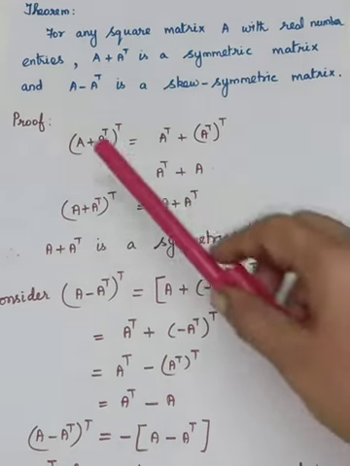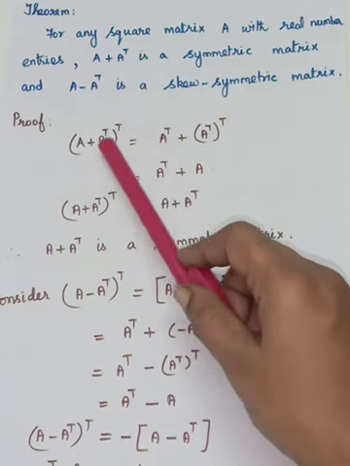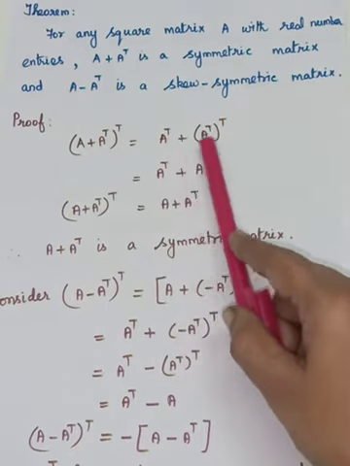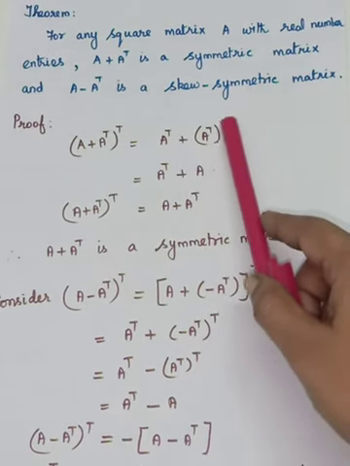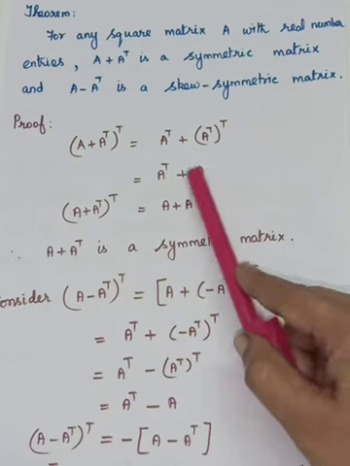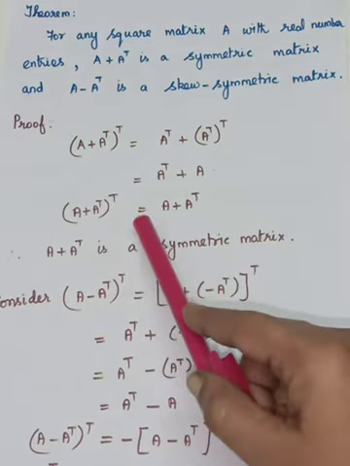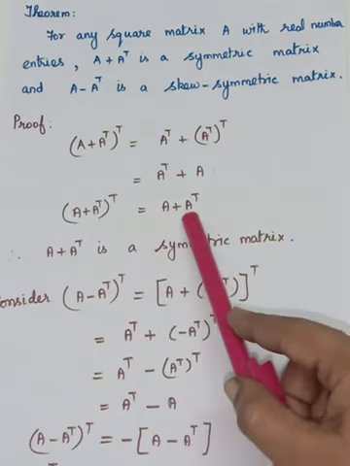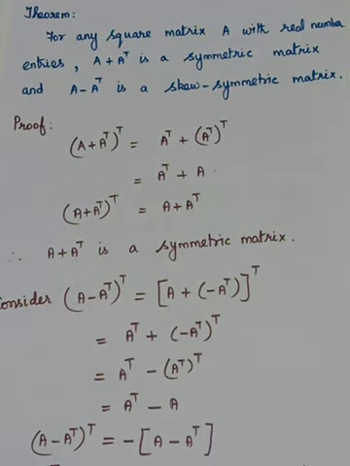So I'll consider A plus A transpose the whole transpose. Here by the addition law of transposes, we get A transpose plus A transpose the whole transpose. You know very well A transpose the whole transpose is equal to A. So addition is commutative, so A plus A transpose the whole transpose is equal to A plus A transpose. The transpose of this matrix is itself. Therefore A plus A transpose is a symmetric matrix.